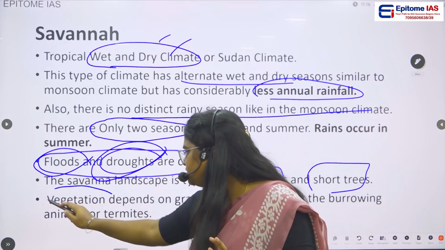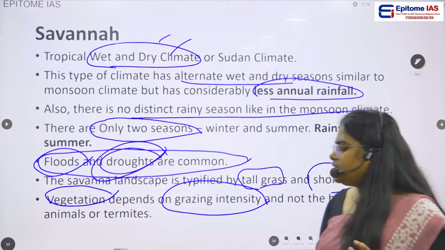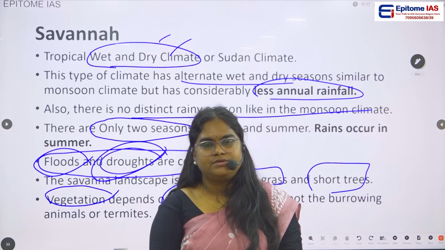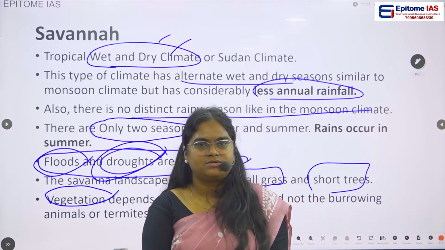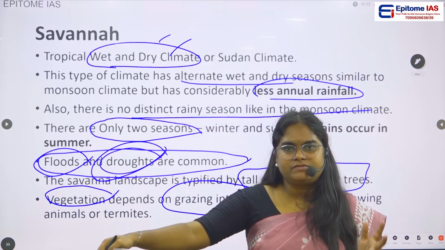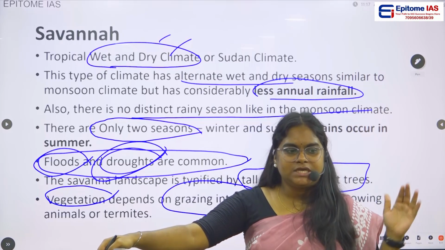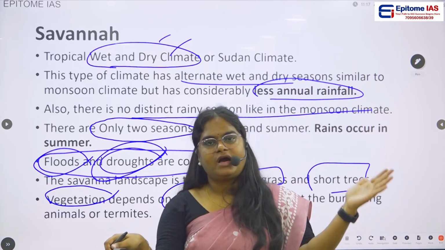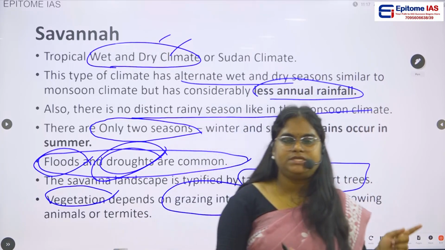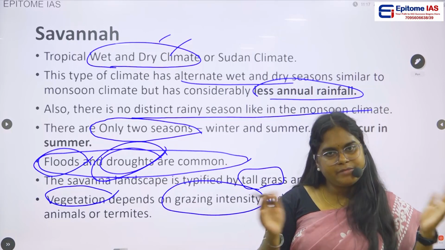And the vegetation depends on grazing intensity. What is grazing intensity? Let's say these herbivores, they consume the grasses. Okay, because they are herbivores. So what happens is when there is a high number of big herbivores, they'll be consuming very fast, they'll be consuming all the grasses, and this will also lead to the underdevelopment of the forest.